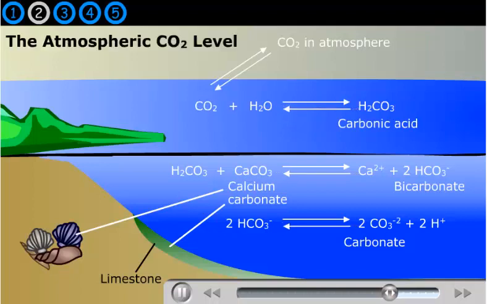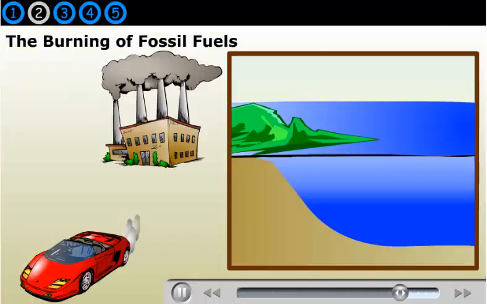If the level of atmospheric carbon dioxide increases, more carbon dioxide is dissolved in the water, and all the equilibria shift to the right. This is important because it means the oceans help keep the level of atmospheric carbon dioxide relatively stable. The role of the oceans in buffering the atmospheric carbon dioxide level is increasingly important because of the involvement of humans.